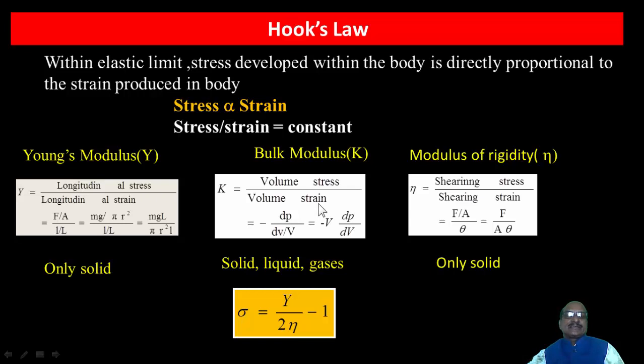In this case, by applying the deforming force, we can make a change in its volume. So the volume stress, that is the force per unit area, is the pressure dP, divided by the volume strain dV by V, or we get K equal to minus V dP by dV.